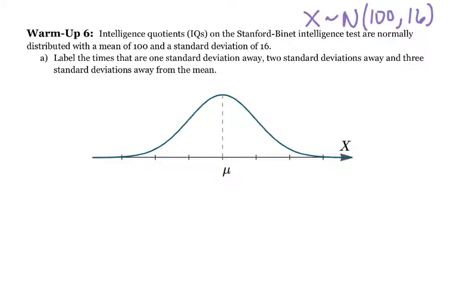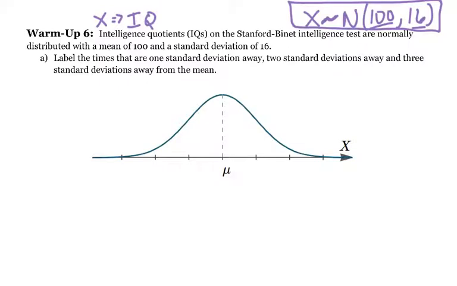I always like to write this out because it helps me remember my mean and my standard deviation from the problem. That's just a symbol that represents that our variable is normally distributed. It's also a good idea to identify your variable, which in this case is the IQ scores.